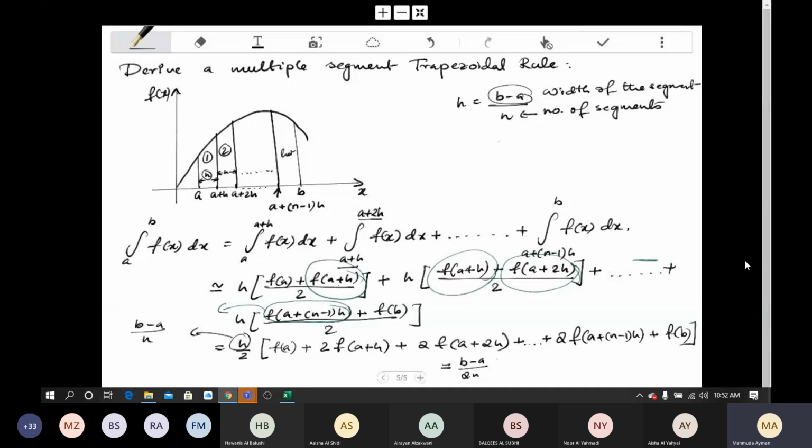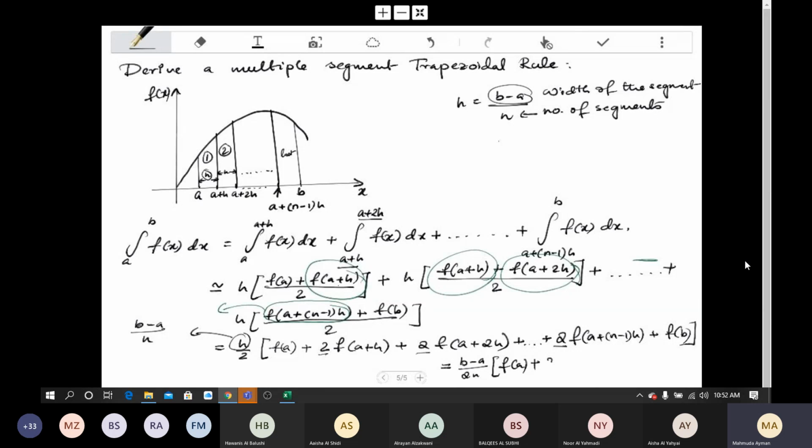And then here we have f of a plus, again you can see in all of these terms in the formula before this, we always have a 2 everywhere, right, until the very second last term.